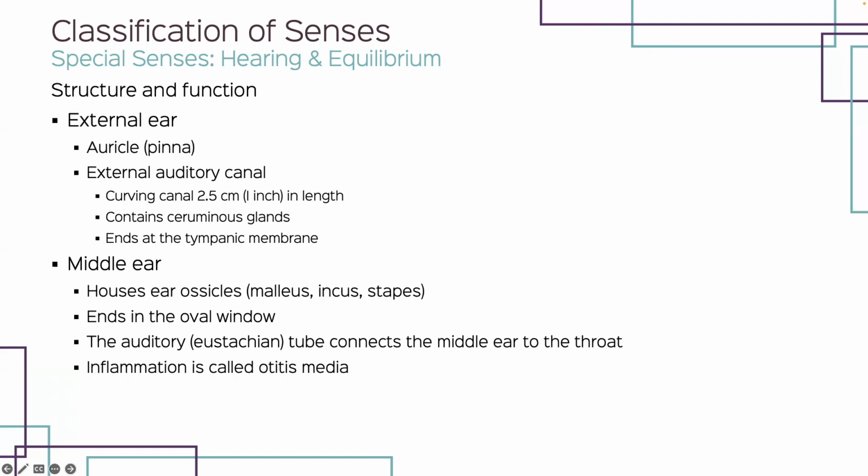You have the auricle, which is the appendage on the side of the head that surrounds the opening of the external acoustic canal. And then the external auditory canal itself is that tube that curves. It's about 1 inch in length, and it extends into the temporal bone and ends at the tympanic membrane, or the eardrum. And then that eardrum is going to be a partition between the external ear and the middle ear.